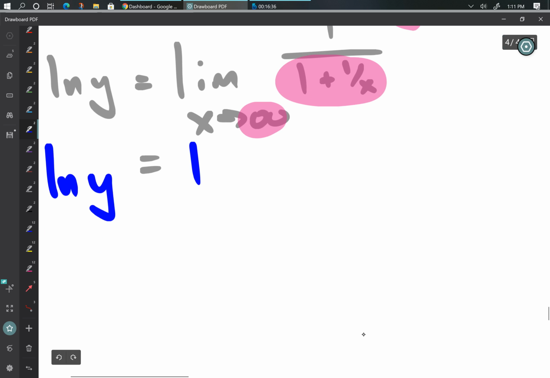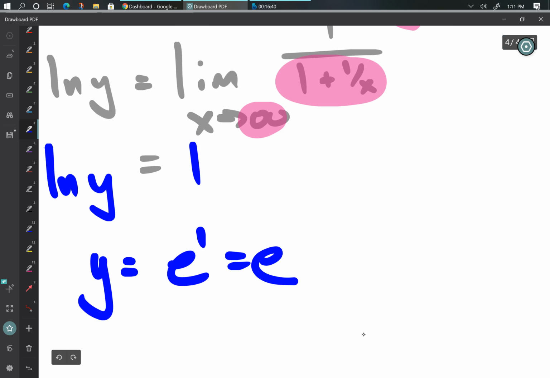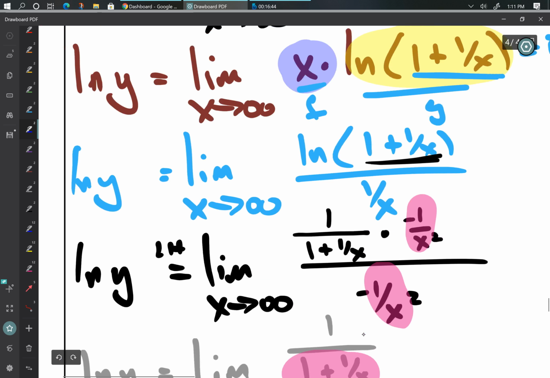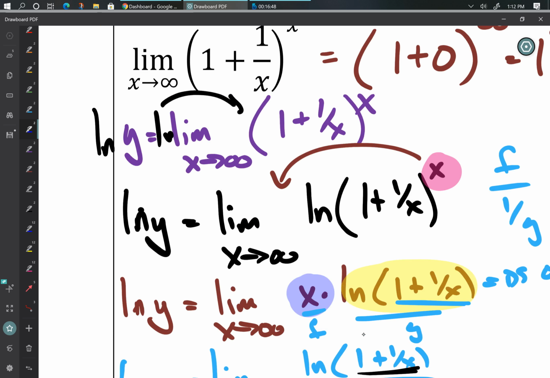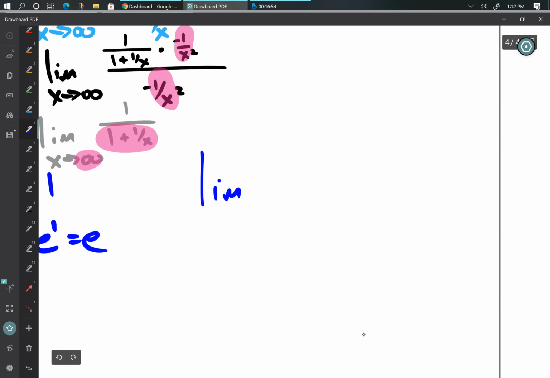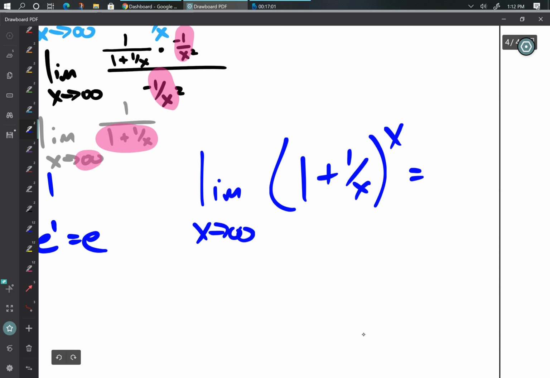So then we have to say that y is equal to e to the 1, or y is equal to e. But what was y? Well, way back up here in the purple, we said y was the value of the limit. So then the final is to say that the limit as x approaches infinity of (1 plus 1 over x) raised to the x is e.